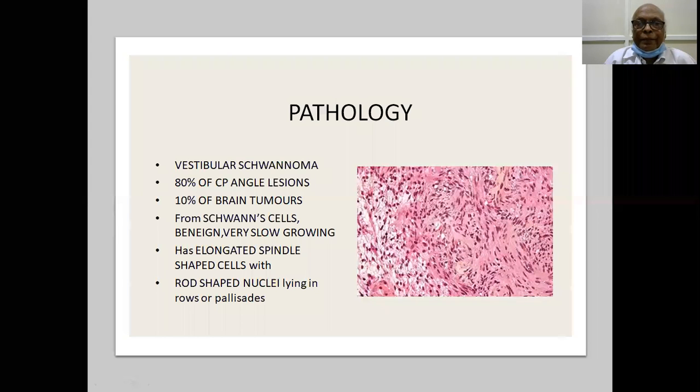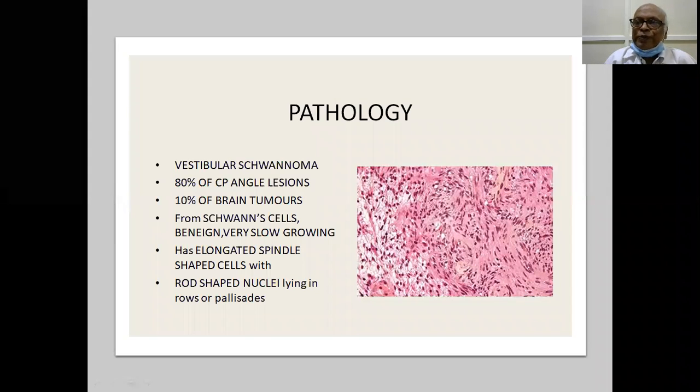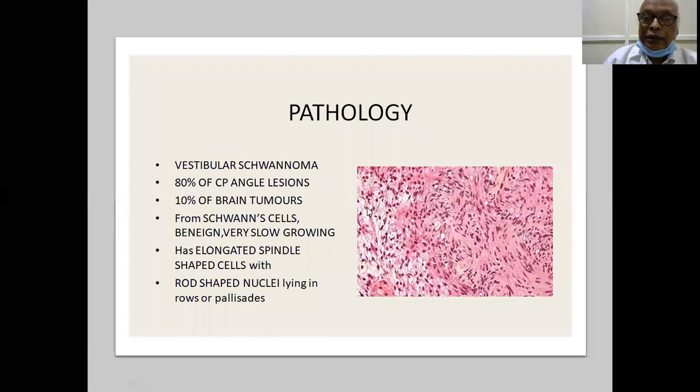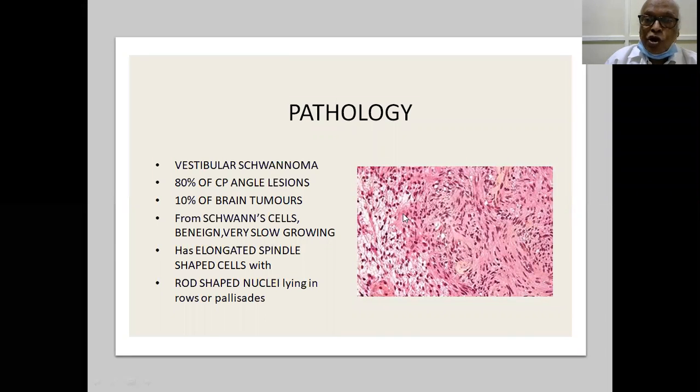On histopathology, you would find elongated spindle cells with rod-shaped nuclei lying in palisades, in rows.